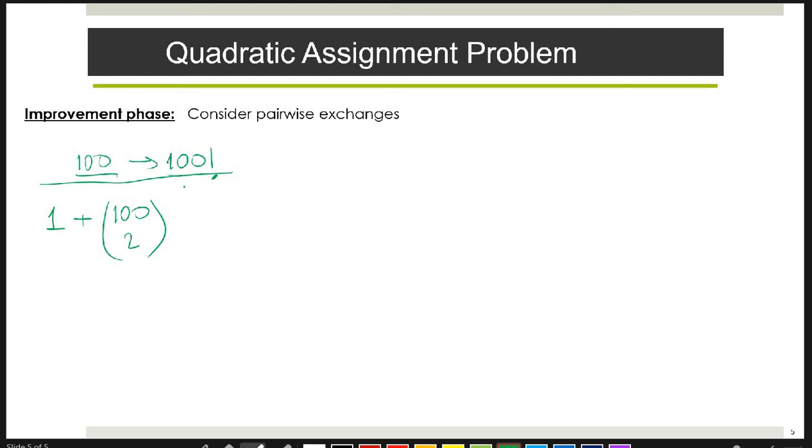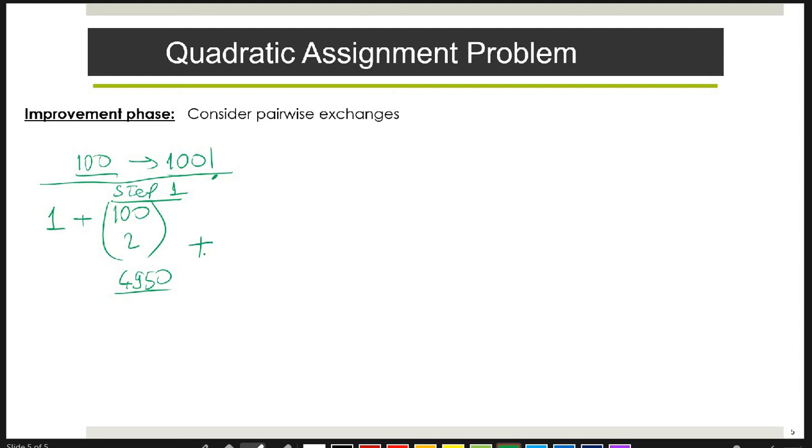It will be 99 times 50. Let me calculate that number. 4,950 alternatives. This is the heuristic. In the first step, you will get 4,950.